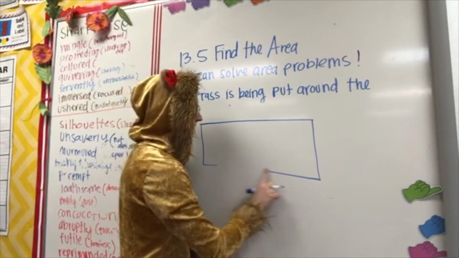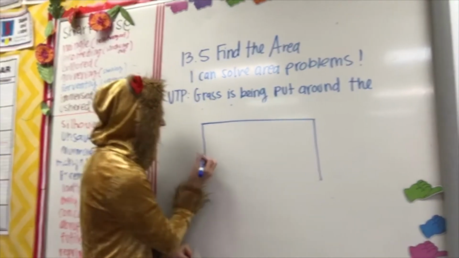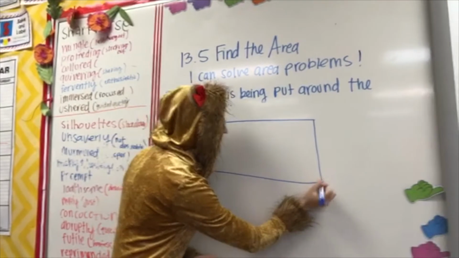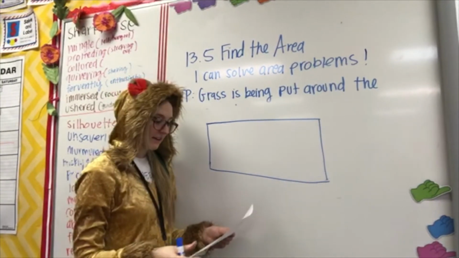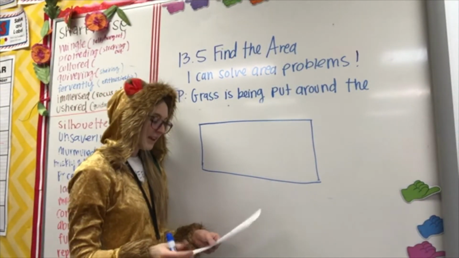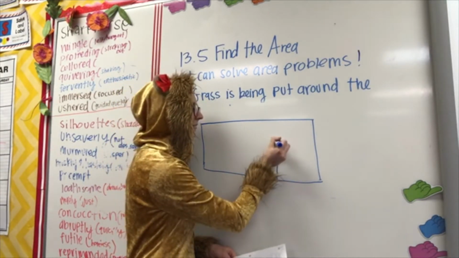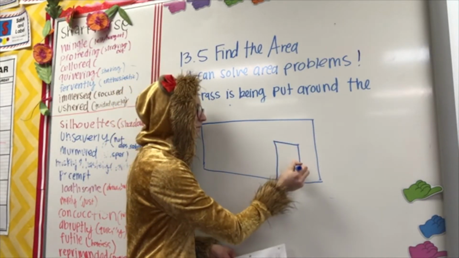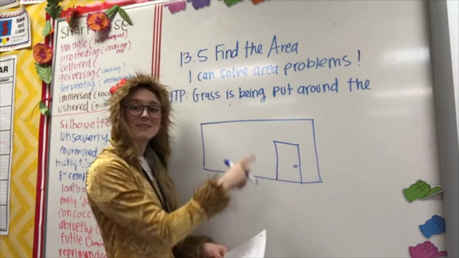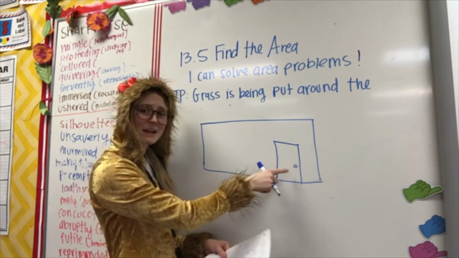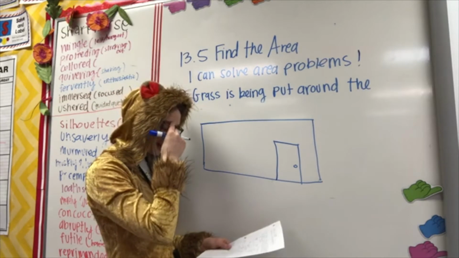Looks really skewed. Hang on. There we go. Okay, we got a rectangle. And say this is the side of a house, right? We have a door. Make it cute. We want to paint the whole side of the house except the door. The door we want to paint a different color.